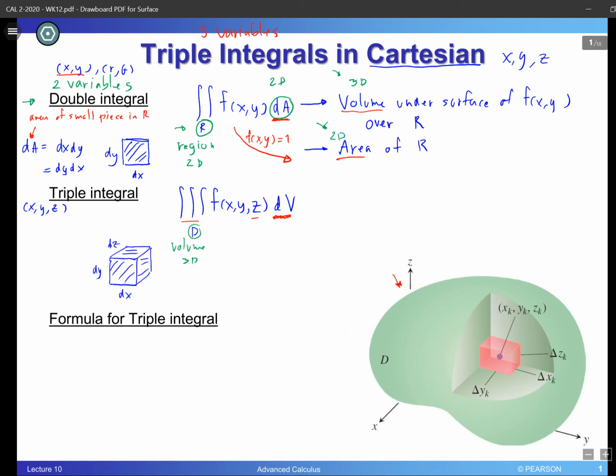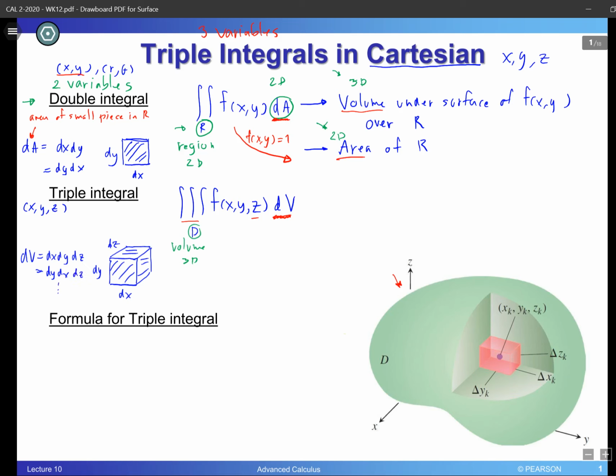So you can make a note that dV right here is going to be equal to the volume of this cube. It's either dx, dy, dz, or you can change the order of the product, equal to dy, dx, dz, and many more.